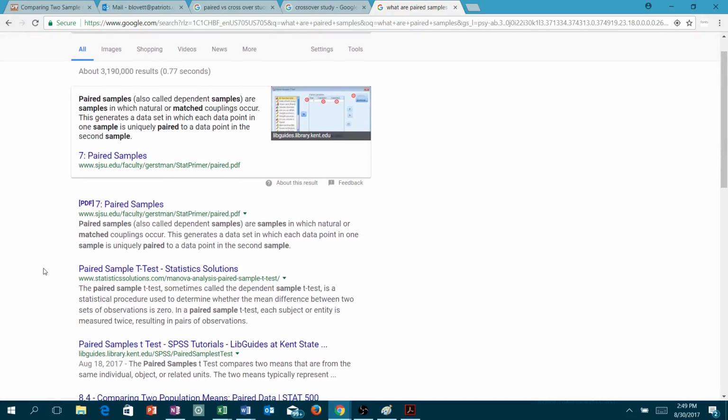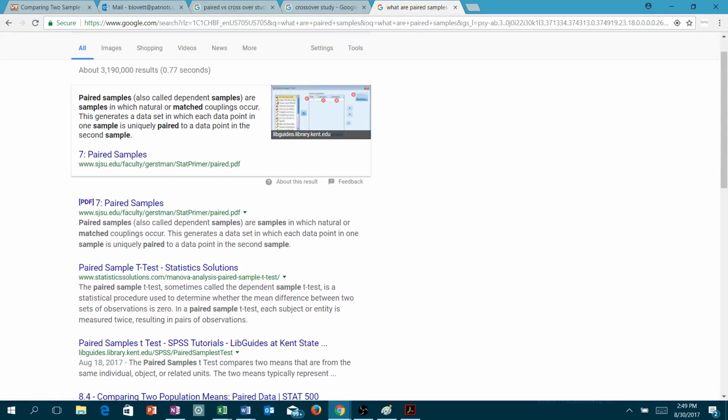Because the independent ones wouldn't correlate with one another at all. It'd be two separate studies that you're comparing. It says here in a paired sample t-test, each subject or entity is measured twice. So we did measure each person twice. And a paired, so this is dependent. I just wrote dependent. I just wrote paired.